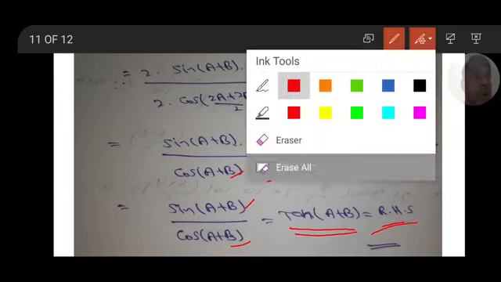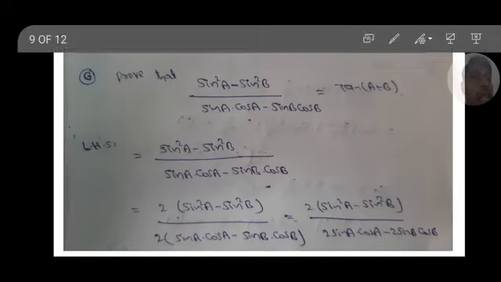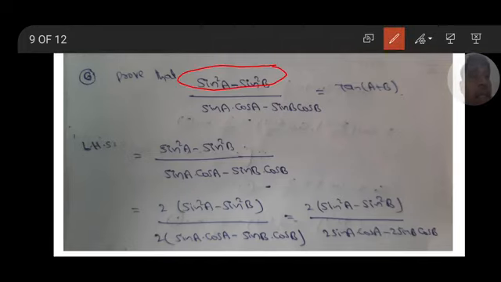Okay, this is the problem. So here we did this problem. In the numerator it is the sin square a minus sin square b formula, and in the denominator, to write the sin 2a formula, the 2 is missing, so we multiply and divide by 2. Then 2 sin a cos a is sin 2a and 2 sin b cos b is sin 2b.